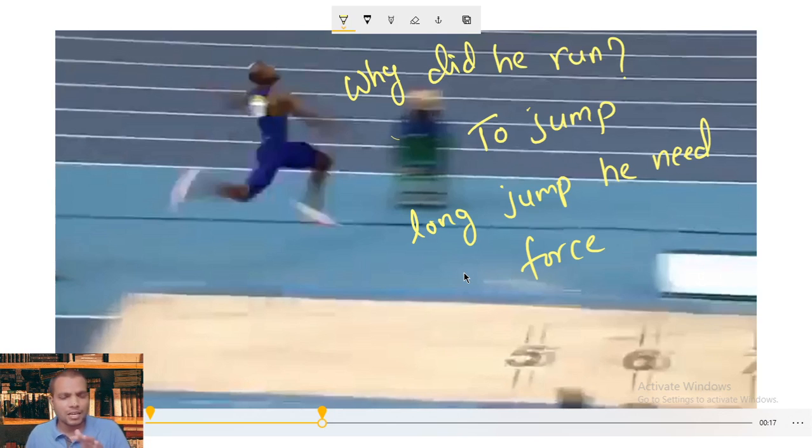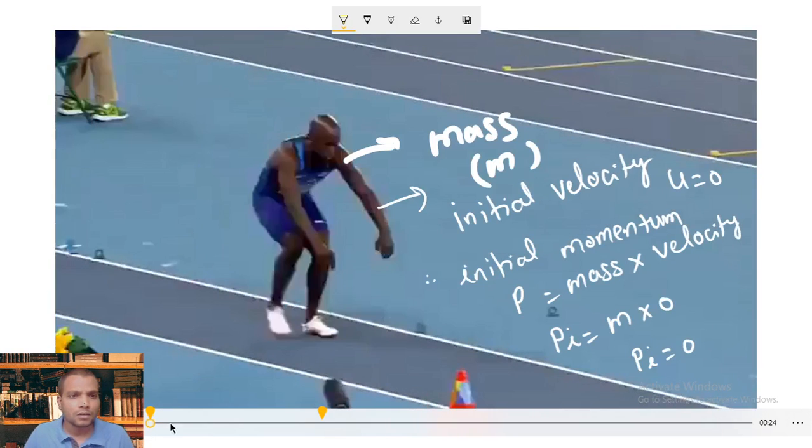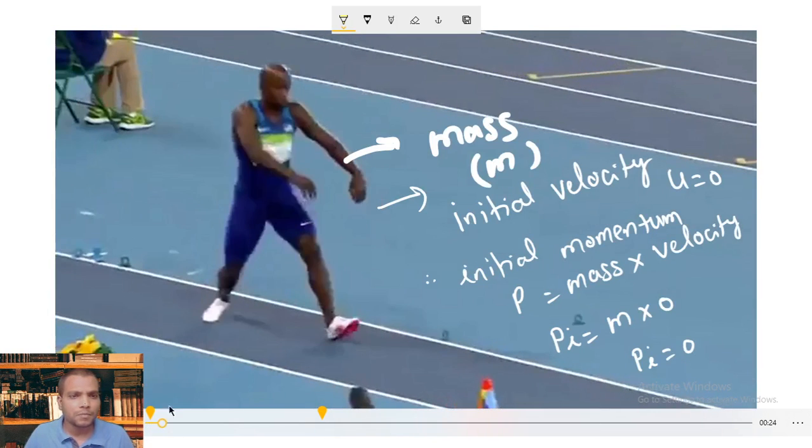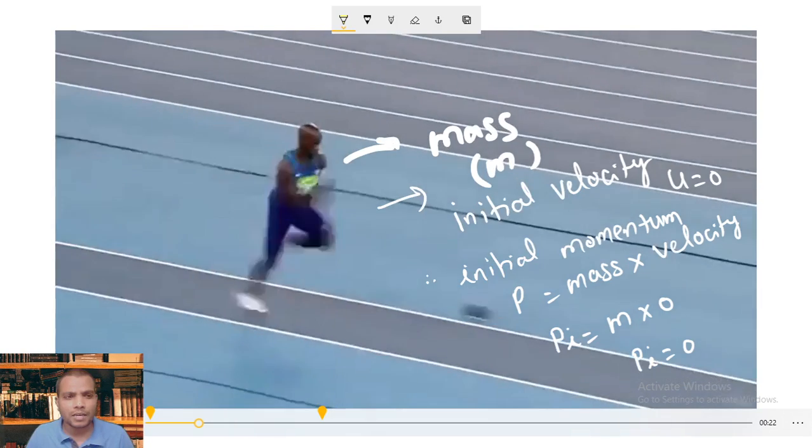Slowly he started, then he picked up more speed, and that motion we call accelerated motion. In that accelerated motion, if you observe, he picked up very good speed, and now he is running fast.